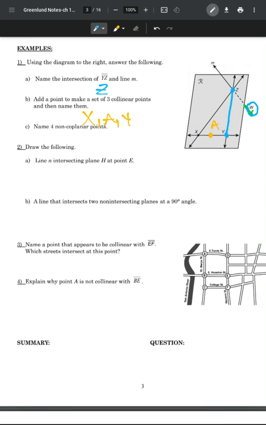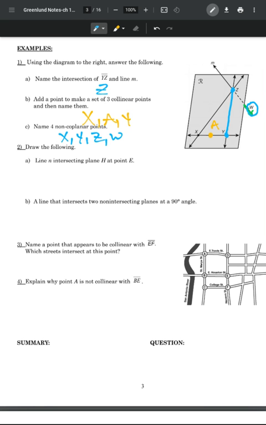So if we look over here, point W is not in plane R, but all the rest of the points are. So since that's the only one outside of it, we can say points X, Y, Z, and W are non-coplanar points because they do not all fit on the same plane.